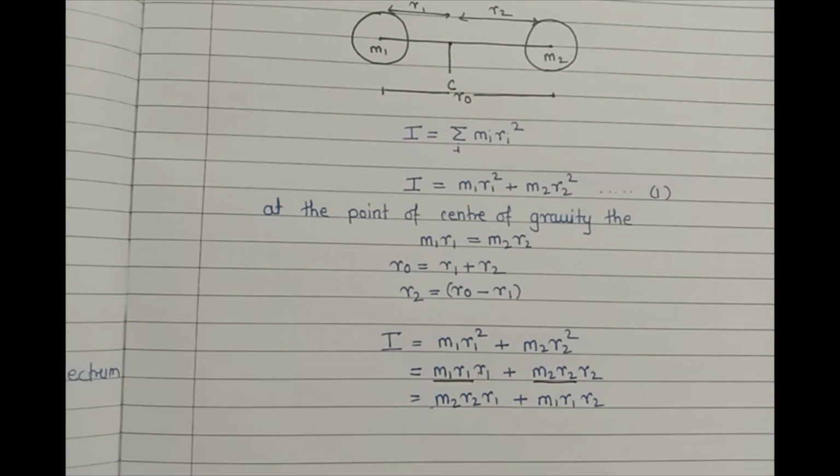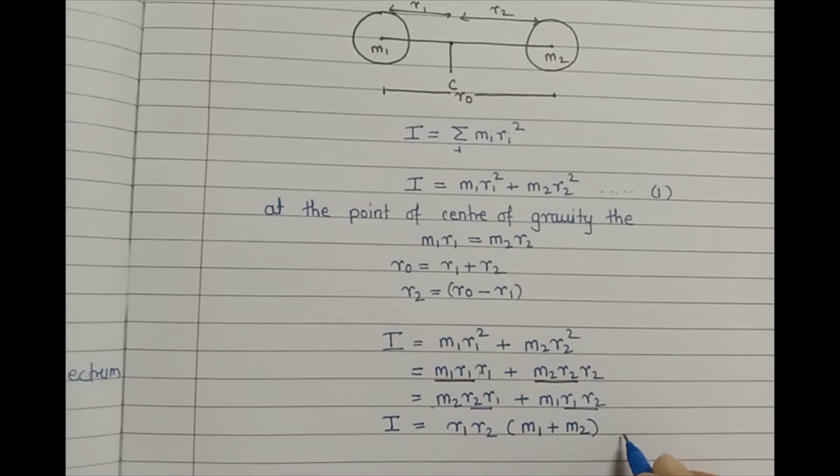Now we can take R1 R2 as common, and in the bracket what remains is M1 plus M2. Is it clear to you? So this is our equation second.